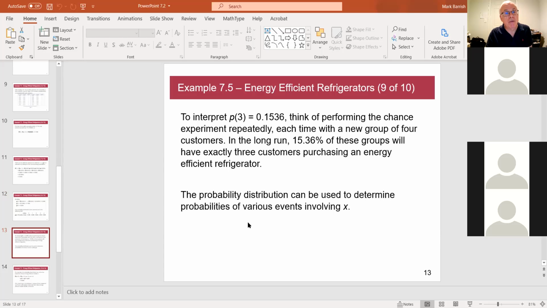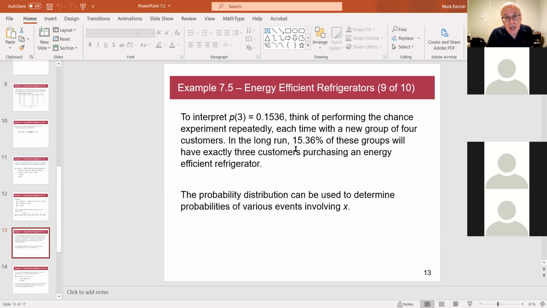Now, how do you interpret these individual probabilities? That's the other thing. So if I say P3 is 0.1536, we could say the following: if we select a group of 4 customers and they all go and buy refrigerators, the probability that 3 of them purchase an energy efficient refrigerator is 0.1536.